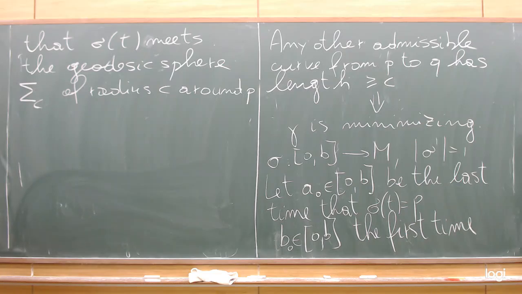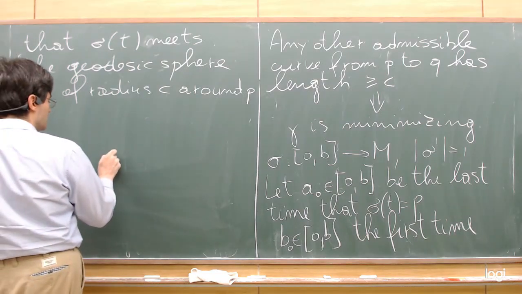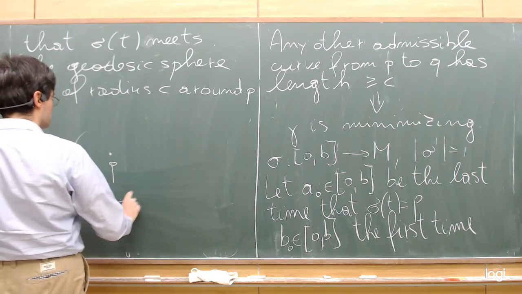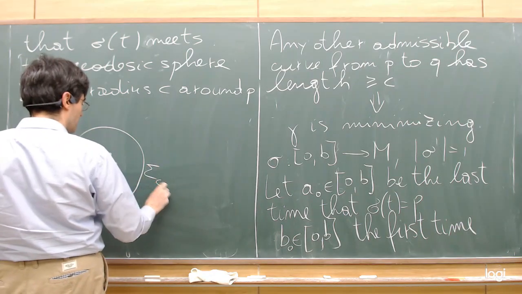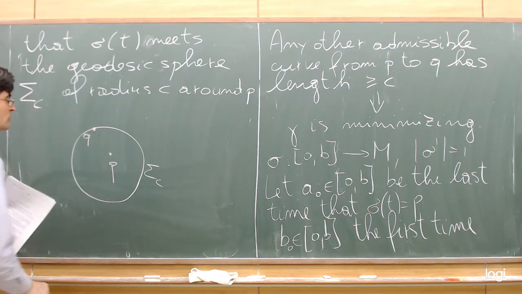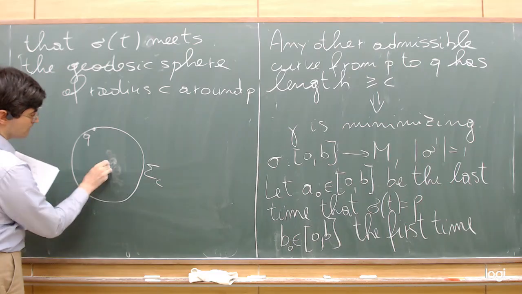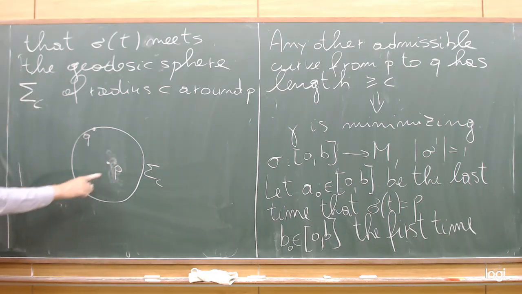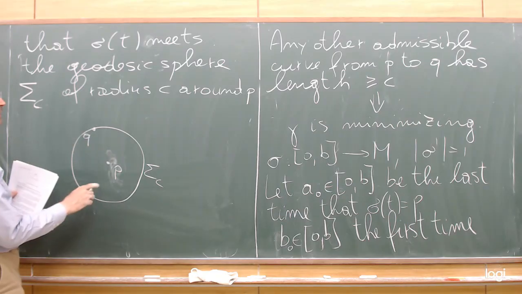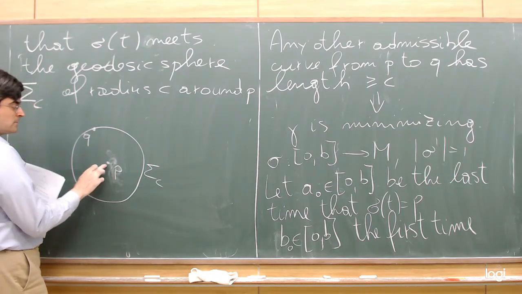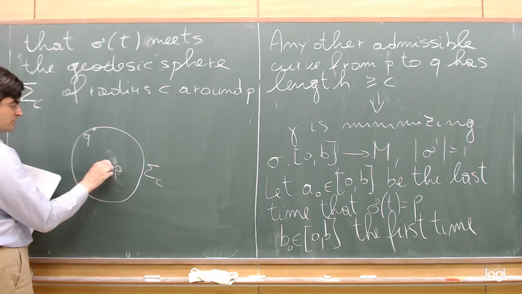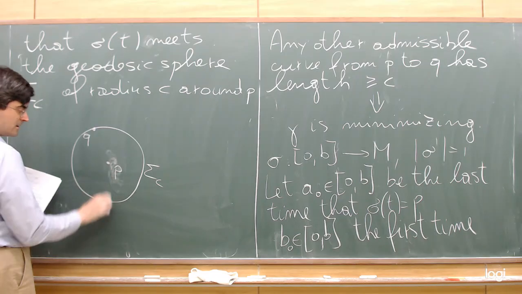If we want to make a picture, the result is this. Suppose that P is this point, Q is this point. Then we have a curve joining P to Q, and which, for example, behaves like this.